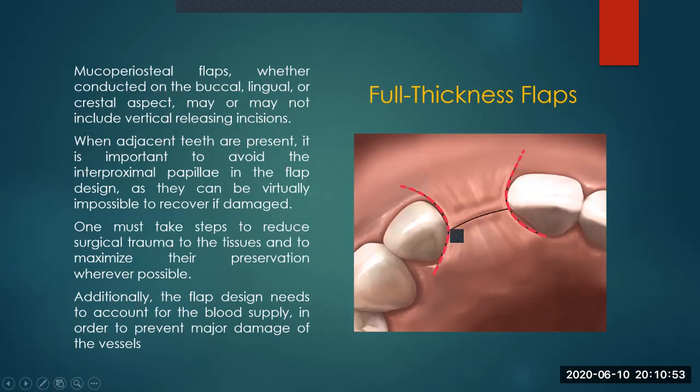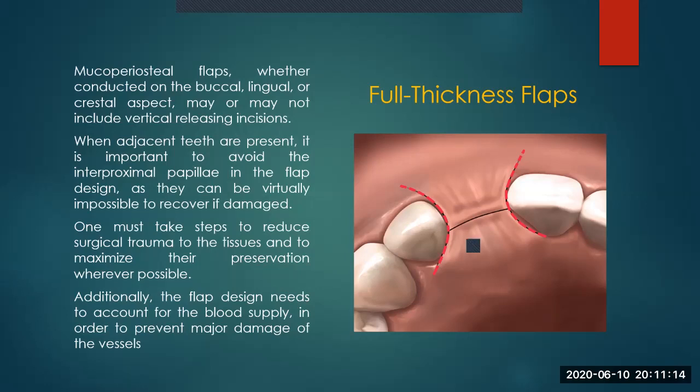And you can see that the vertical incisions are in direct contact with the cervical area of the neighboring teeth, or adjacent teeth, so that the interdental papilla will be included within the surgical flap.